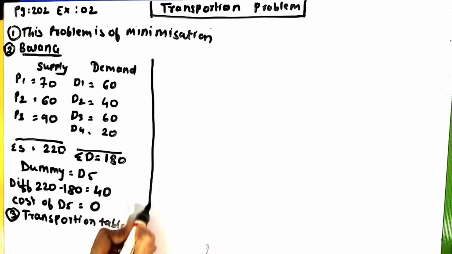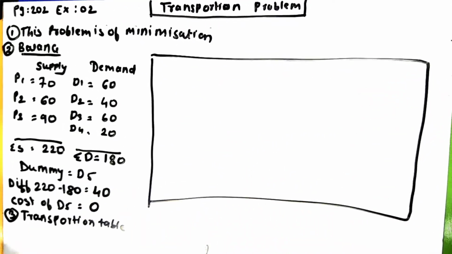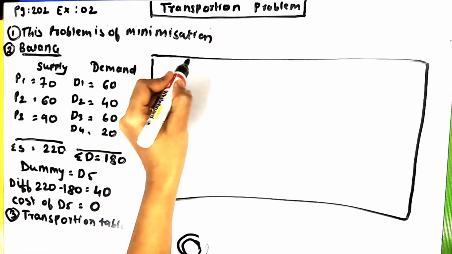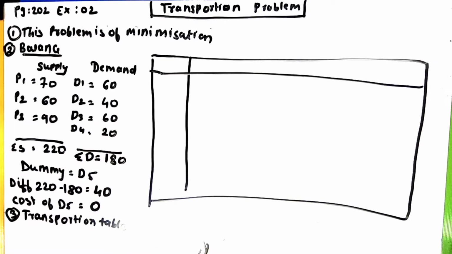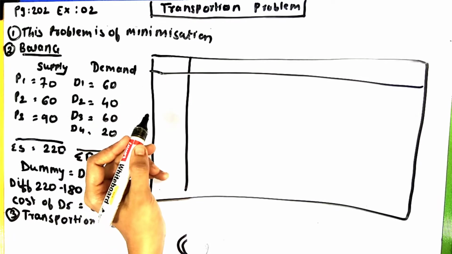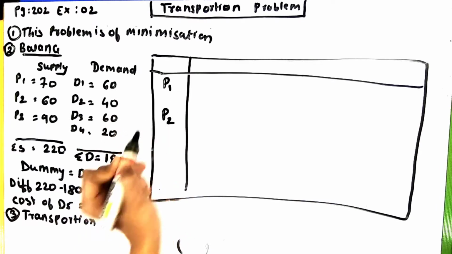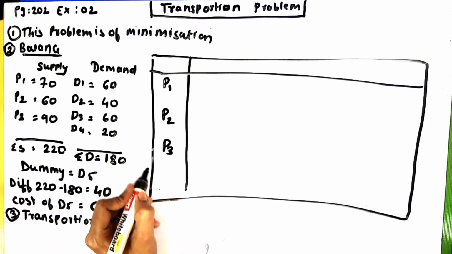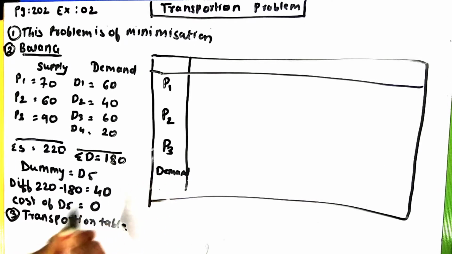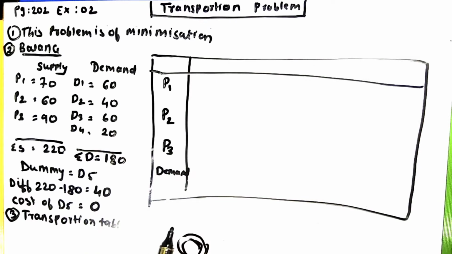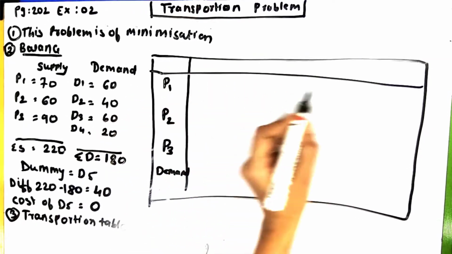While making the transportation table, we need to have the supply and demand sides. Here on the supply side, we have P1, P2 and P3, and at the end we are going to write the supply, the capacities for supply.